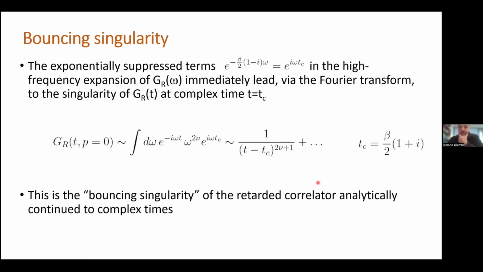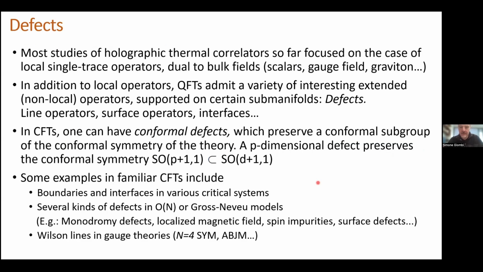So that's a brief overview of this concept of bouncing singularity and how it's related to the large frequency behavior. We will go back to this in more detail later in the talk, but now I want to overview the second player in my talk, which is defects. So the main idea is to try to understand how these holographic correlators behave in the case of defects.